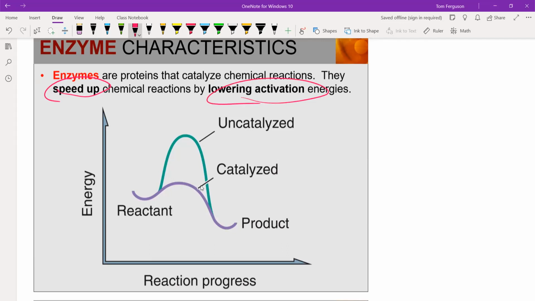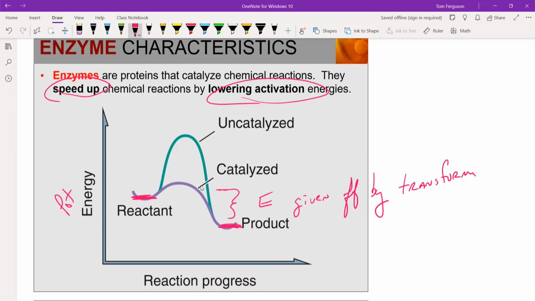So if we look at this here, this is a measure of potential energy, and so this difference here is the energy difference between the reactants versus the products, whether it's absorbed energy or given off energy.